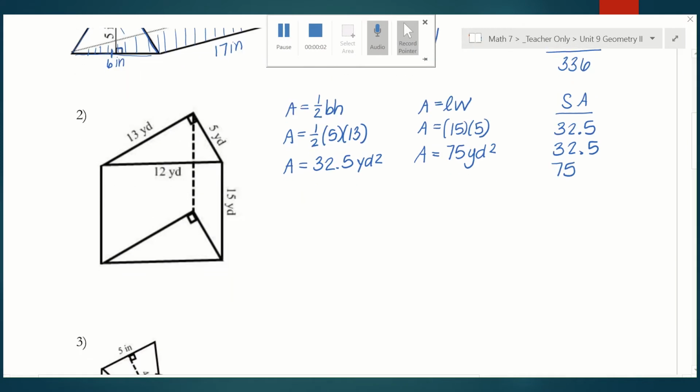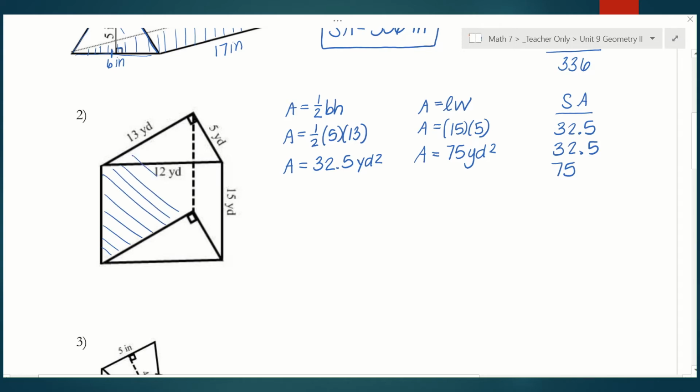Okay, so now I'm ready to do another rectangle. I'm going to choose to do this side here. Okay, so I can see the length of that rectangle is 13, but I don't know the width of it. But since I know this is 15, it must mean that this is also, because opposite sides are equal.